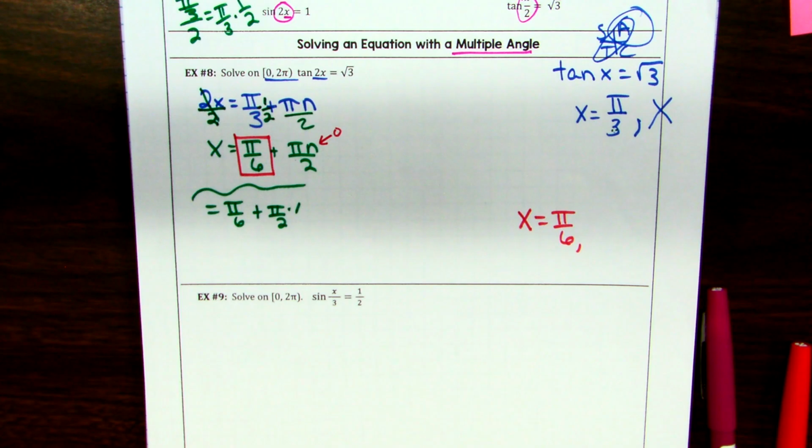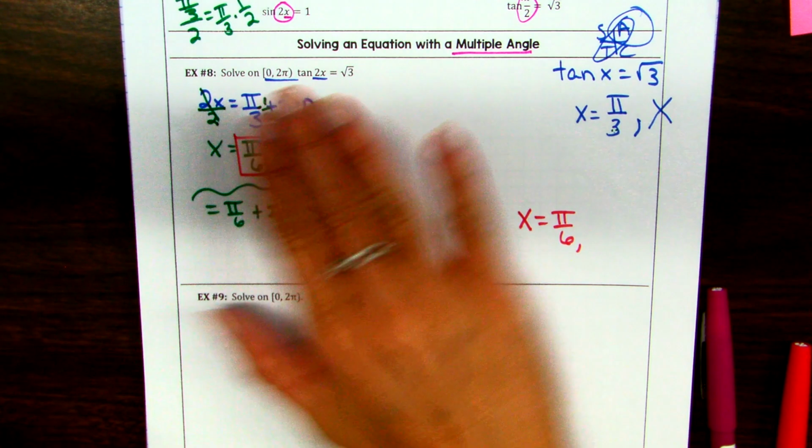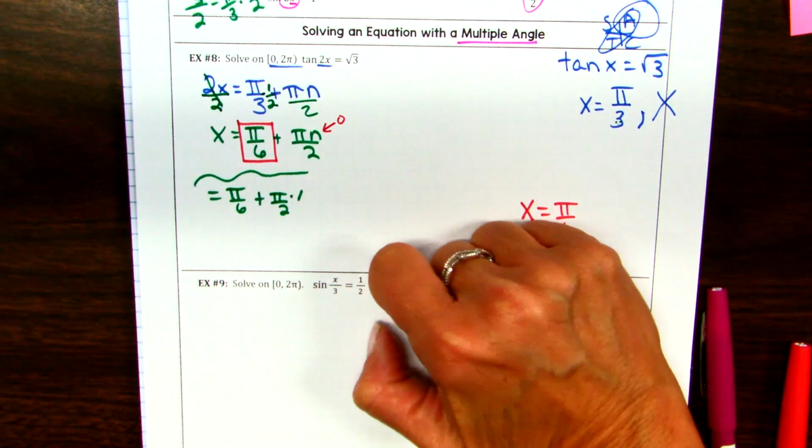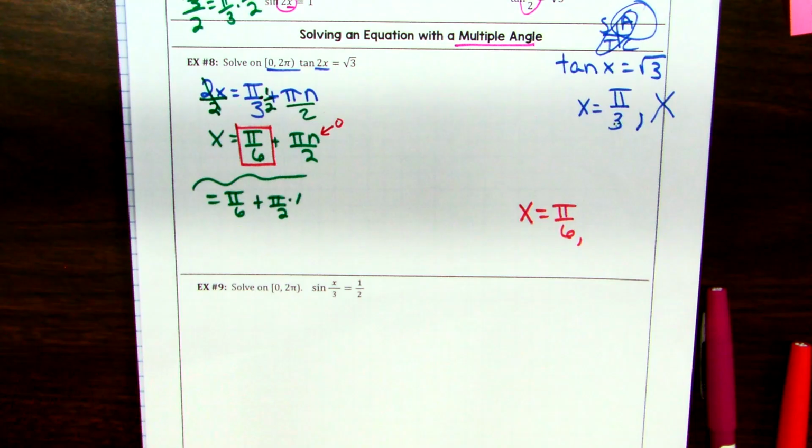Think about when x is 0, like on the x-axis or the y, in the word problems. When your starting point is x is 0, your y-intercept is what you started with before time has gone by. 0 is like your first answer, okay? So it's just whatever you get here. Because if I plug a 0 in here, 0 times pi is 0, 0 divided by 2 is 0. So pi over 6 plus 0 is pi over 6.